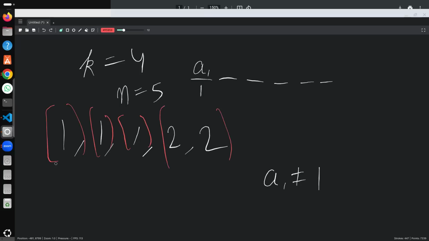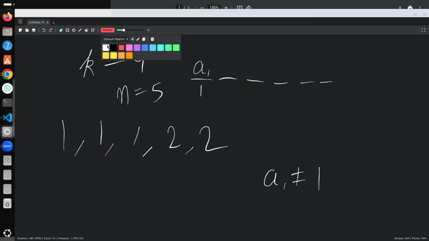So we have 3 groups of length 1 and 1 group of length 2. As you can see, N minus K is 1, so we need one group of size 2 and the others of size 1.